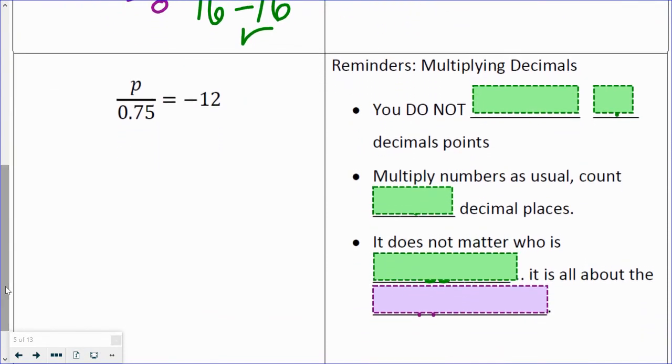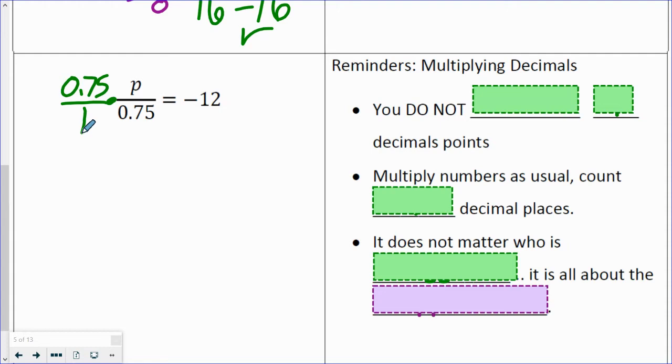Next, we have one that looks like division. All right. So I want to get P isolated. So my job, instead of dividing, is now going to be multiplying. Remember, because this one's written as a fraction, we're going to write it as a fraction.